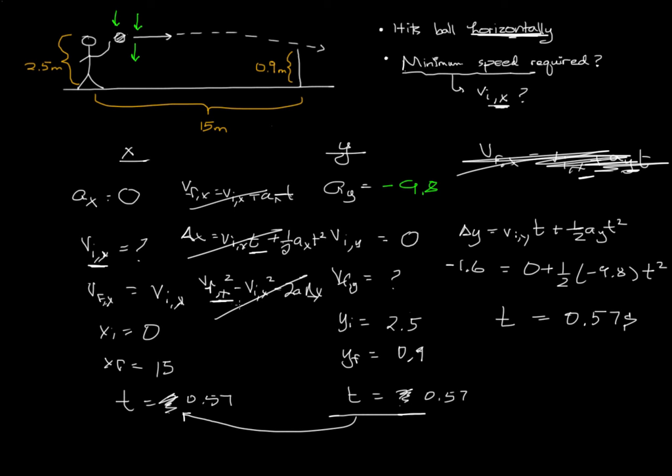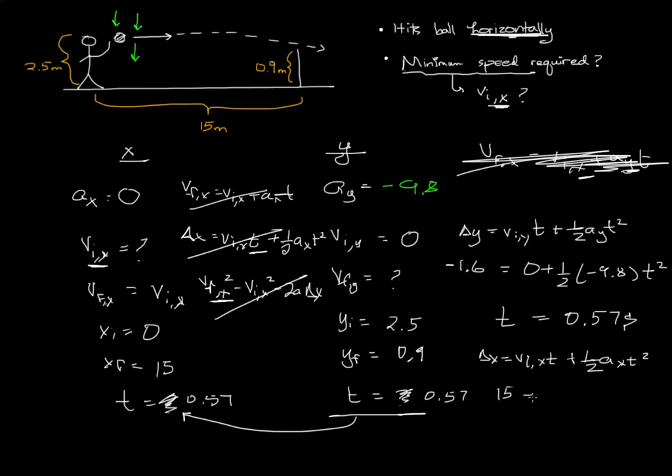Now can we use one of these three equations and get our end goal of v initial in the x? And we can, right? So we still can't use this top one, but I think we can use this second one. So let's try that. We can say delta x is equal to v initial x t plus 1/2 a x t squared. So delta x is 15. You're going from 15 minus 0, so that's 15.